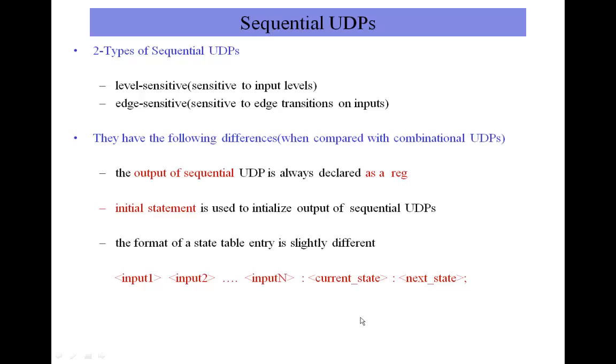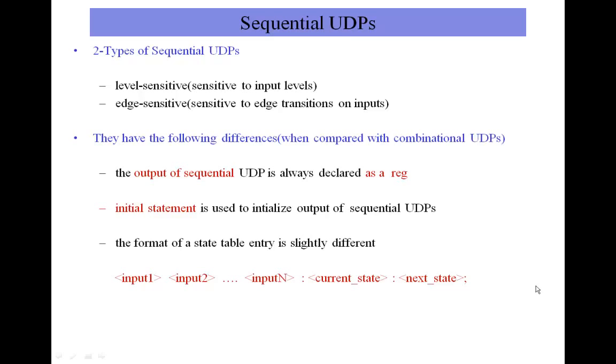Sequential circuit behavior depends not only on the inputs, it also depends on the current state. So this next state is the actual output. For example, you have a T flip-flop. It toggles.